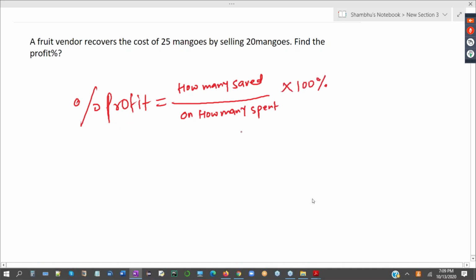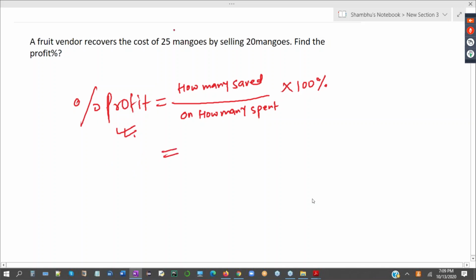This is the formula. Remember, when somebody is selling something, and something is saved and something is sold, in that manner, profit percent will be found by this formula.